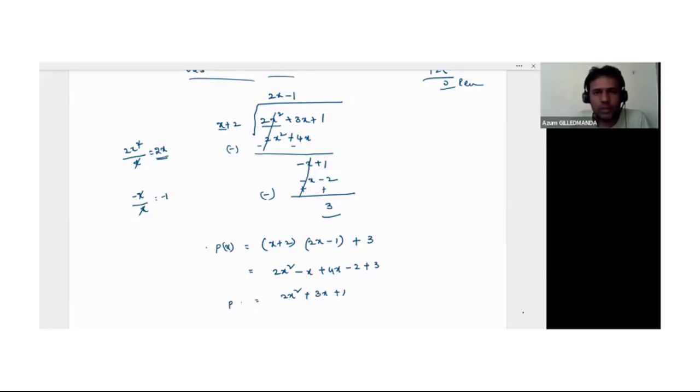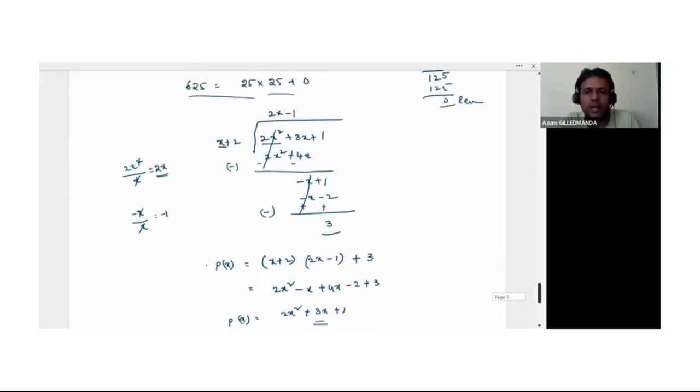So this is P of x. Is it matching with the quadratic polynomial we took? That is our dividend, right? So this is the division algorithm, how we can divide a polynomial if we know any one of the factors or zeros of the polynomial.